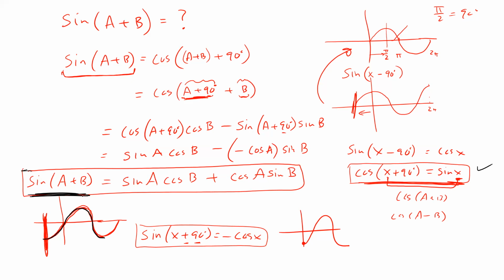I think we can do this here. Can you guys prove to me, before we go on, the subtraction formula for sine? Give me the difference formula. Let you guys think about it.